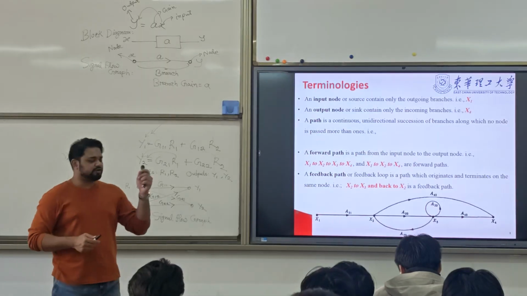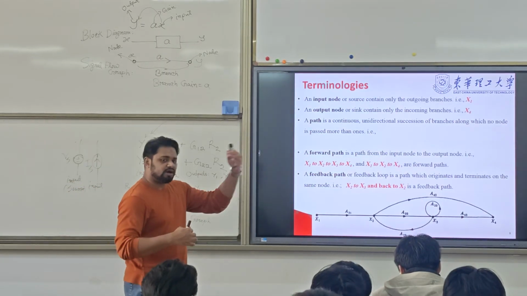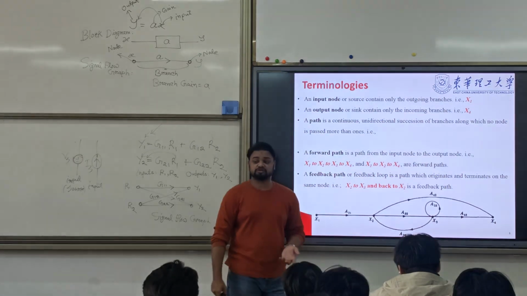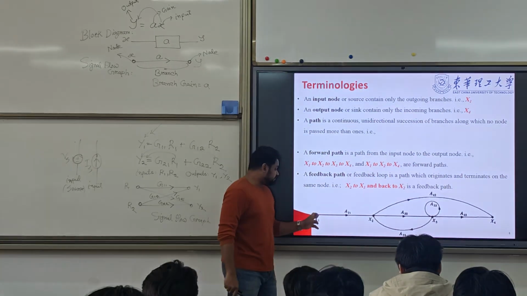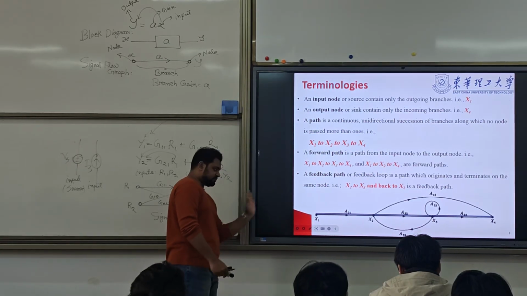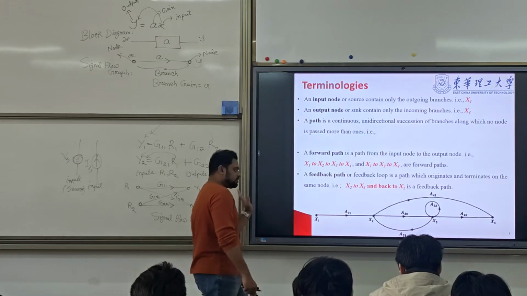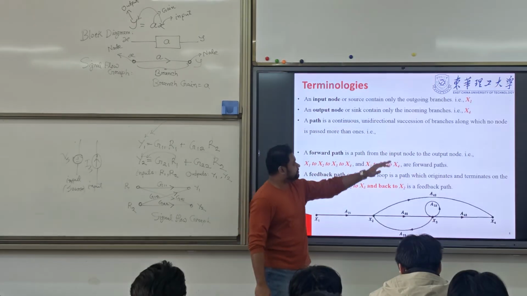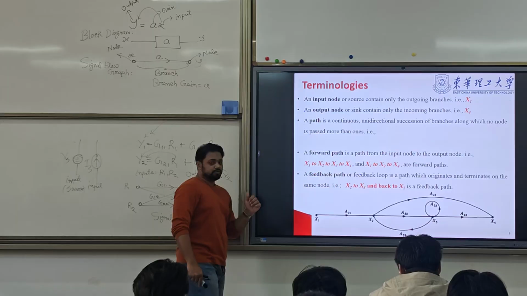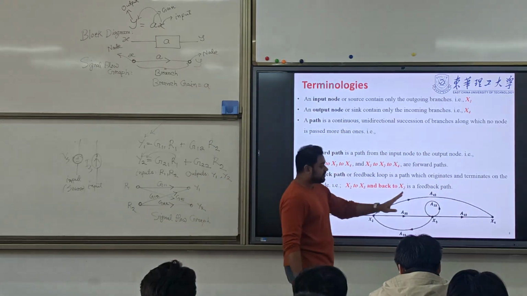So input contains only the outgoing branches. What are the outgoing branches? It starts from here. There is no branch before that. After that there are branches. That is called outgoing branches. And the output node here, this is the final output node.